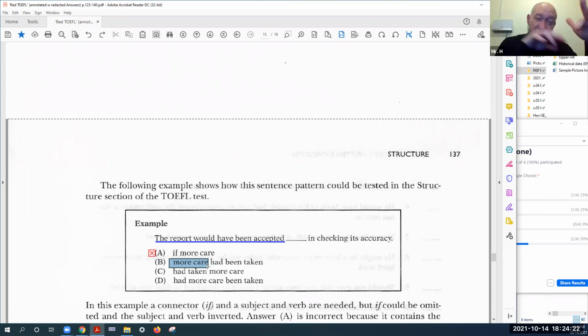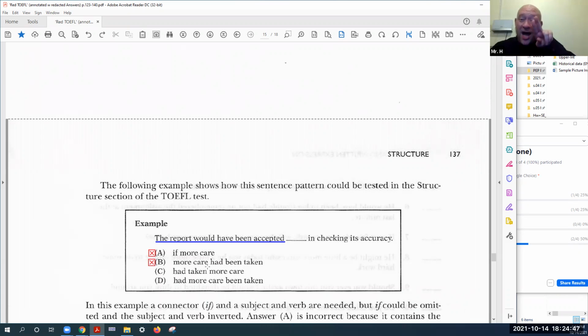Can I do the subject first and then the verb without the connector? No. So this example is also incorrect. What about Charlie? You see the problem with Charlie? Why is it wrong? Because we inverse all the verbs.